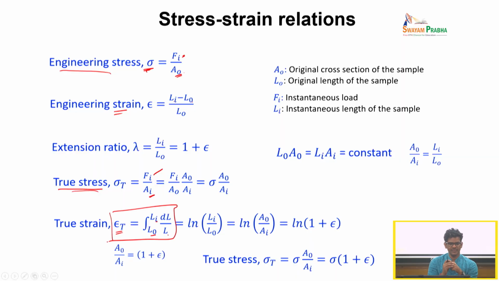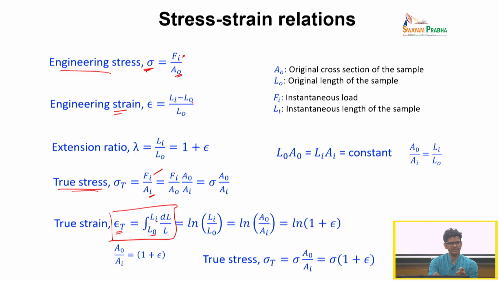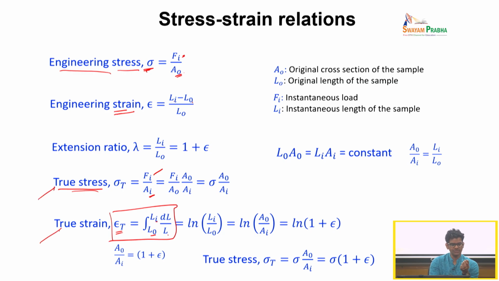This is the more correct way of defining the strain, but for practical purposes, when we do measurements, we simply measure the instantaneous length minus the original length divided by the original length. Because of these practical reasons in how we measure, we distinguish between engineering stress and engineering strain versus true stress and true strain.